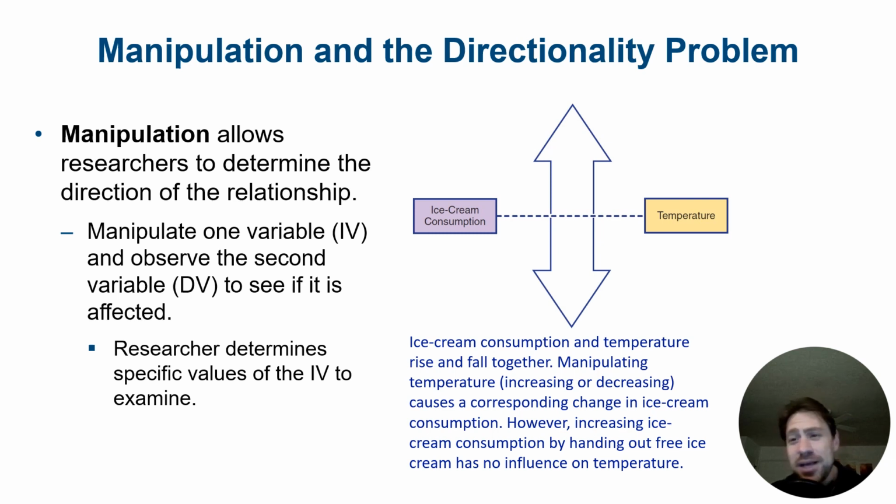Now here, you can probably use logic to deduce that manipulating ice cream consumption probably won't change the temperature. You probably don't need to run another study to figure that out. It seems pretty obvious. And maybe it is. But for example, in some cases, it's not so obvious.